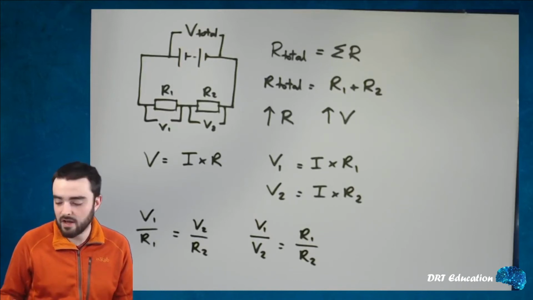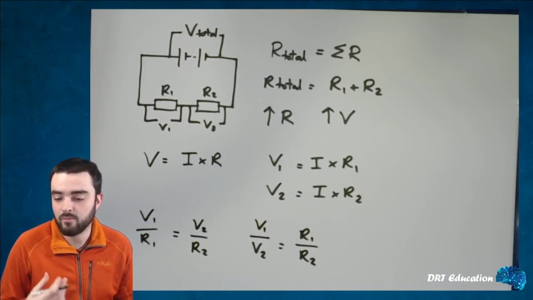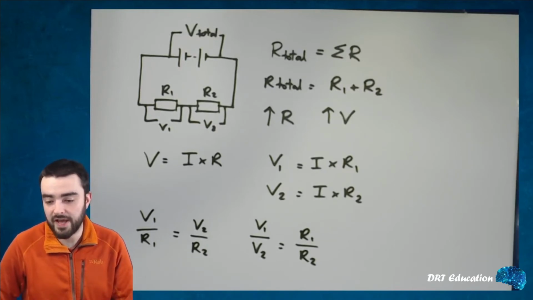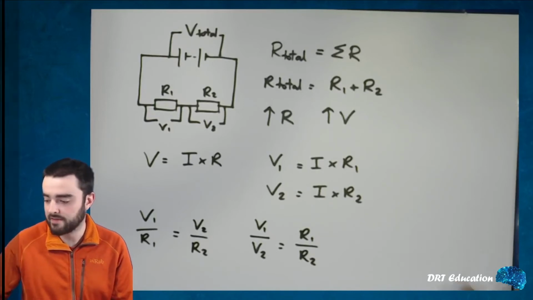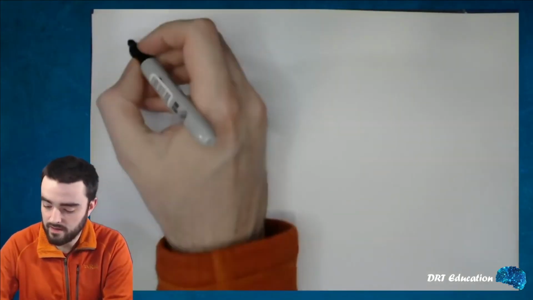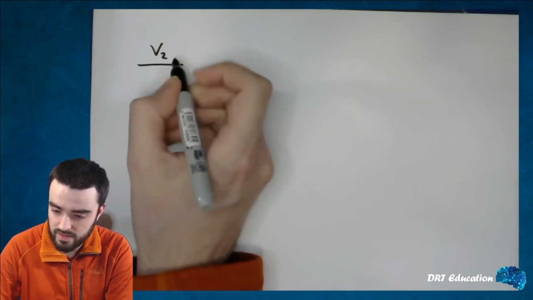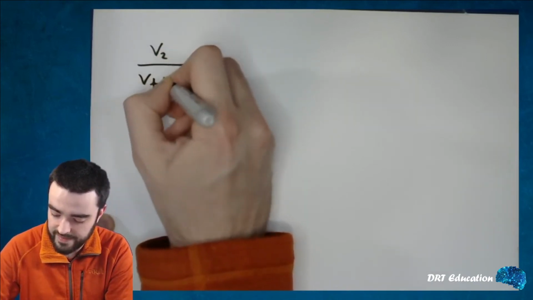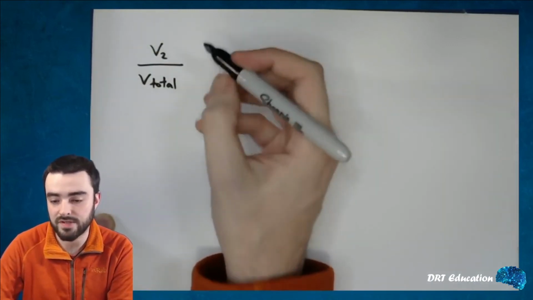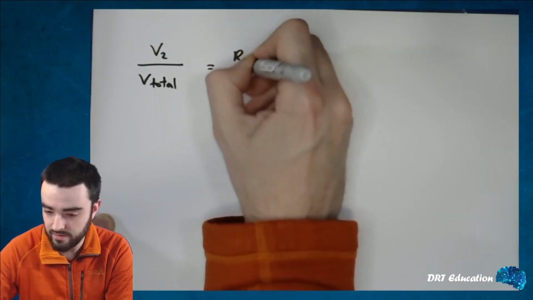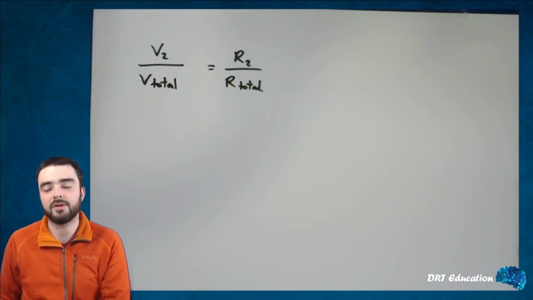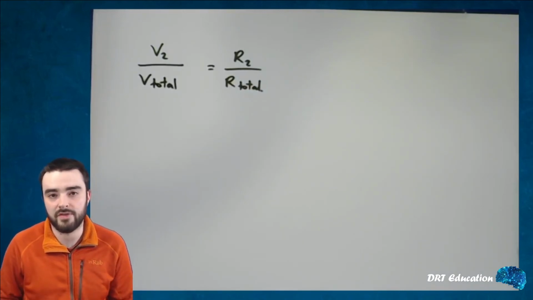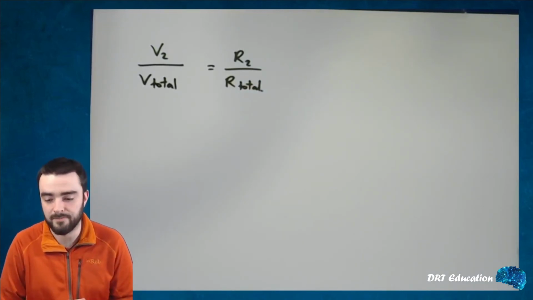Because we know that when R increases, it increases its share of the voltage, we could say that V2 divided by V total is equal to R2 over R total, because they're going to be in ratio with each other. They're going to have the same proportion.